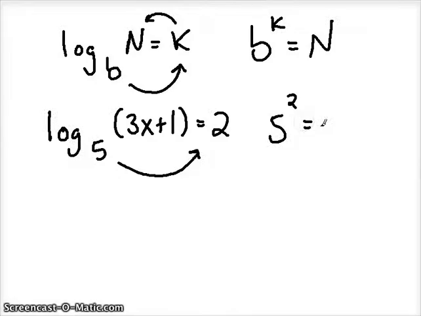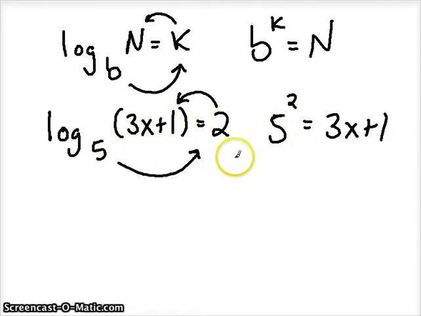We're going to say 5 to the second power is equal to whatever this is, right? So if we need to do that, we simplify and solve for x. Sometimes you'll see problems where they give you an expression for one of these missing terms here. If that's the case, just change the form and simplify and solve.